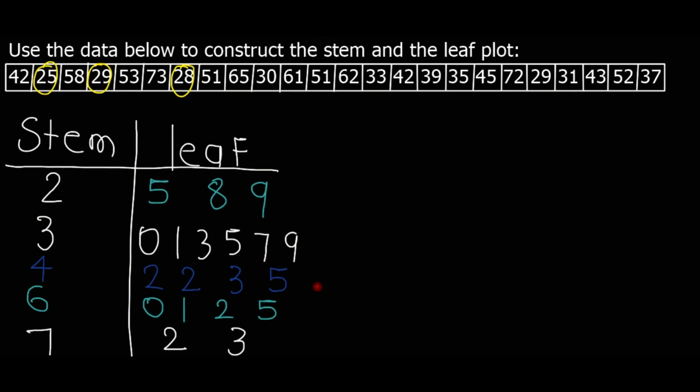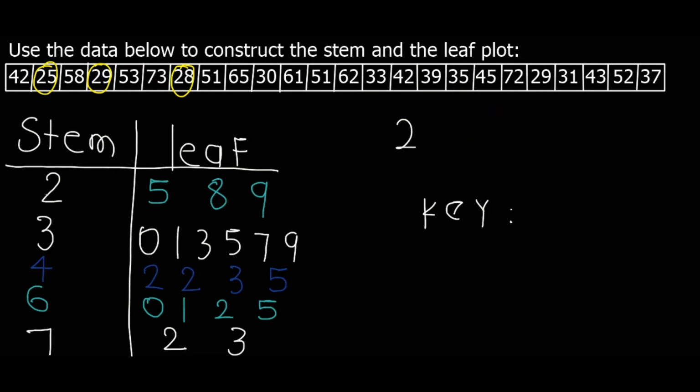And then another thing that is always important, make sure that you write the key. Let's say for example, you want to show what this number, for example 2 with 5, 8, 9, represents. Remember on the stem and leaf plot sometimes you can have a decimal. So when we have 2 here and 5 here, we are not sure whether it represents 2.5 or 25.